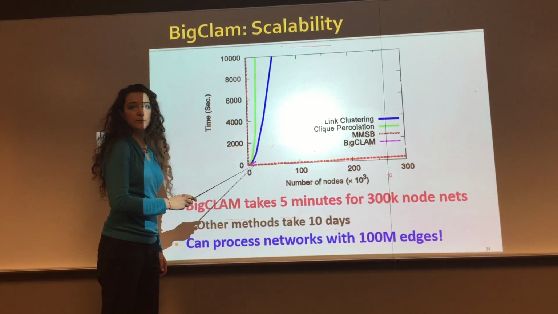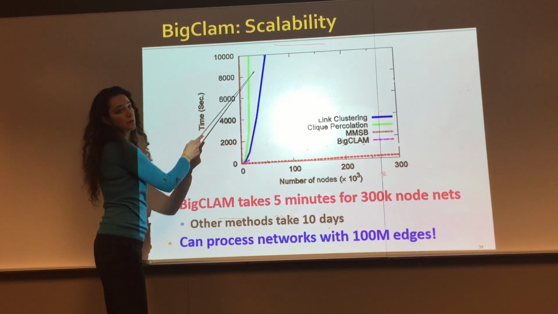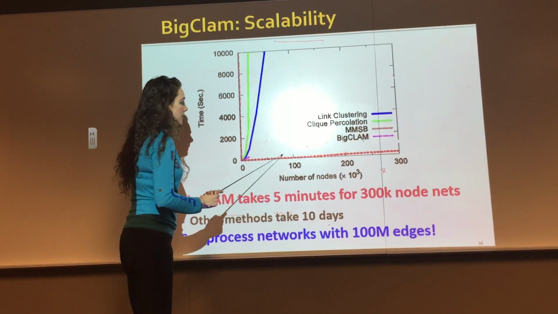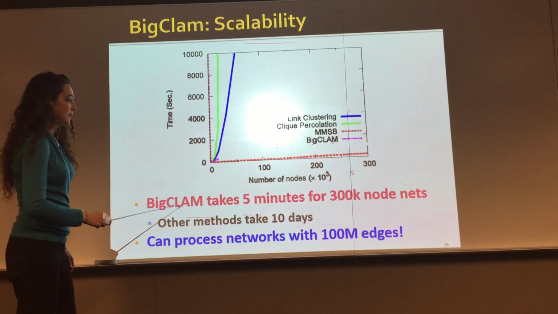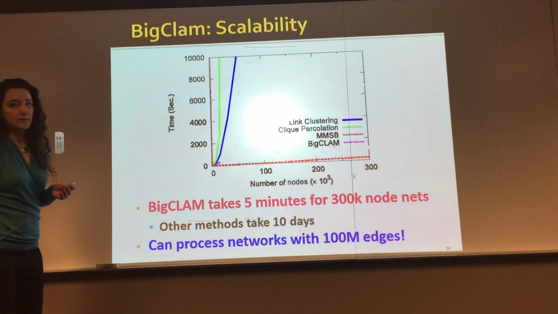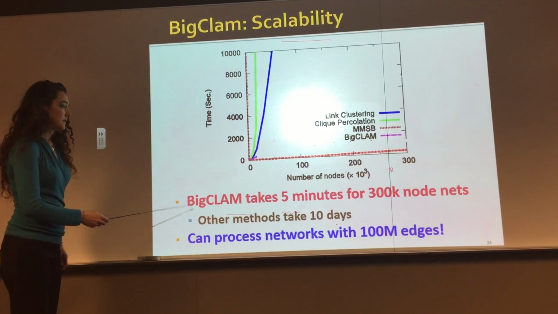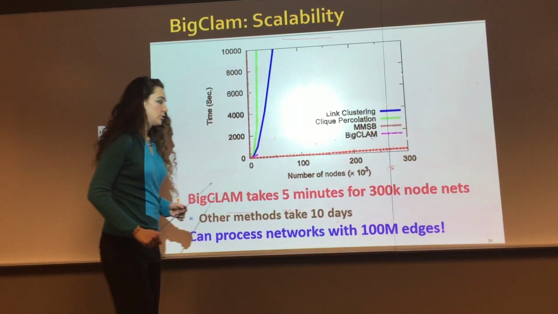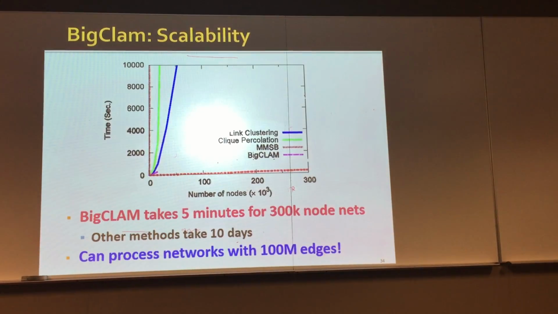As the amount of data increases, these algorithms start to take a very long time to compute, and the current algorithm is taking much less time. So for example, in 5 minutes, we can process 300,000 nodes of data, which some other methods can take days to do. If we have 100 million edges, then we can process that in about 1 day.